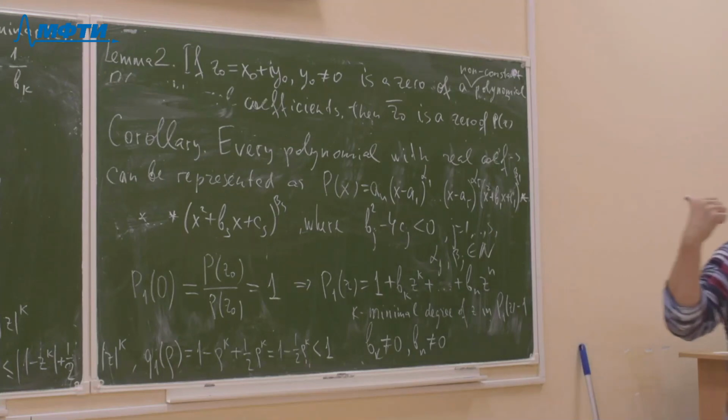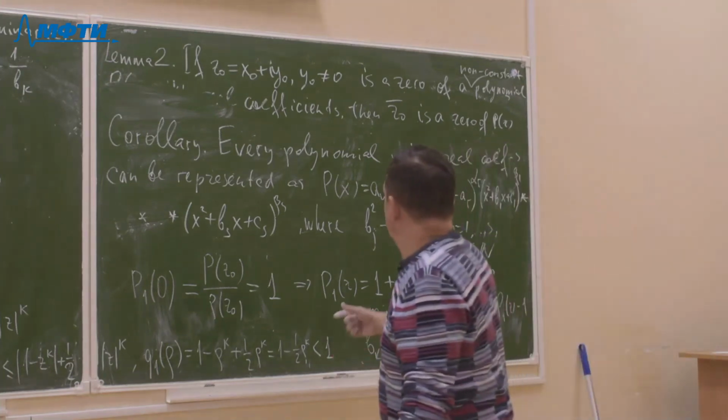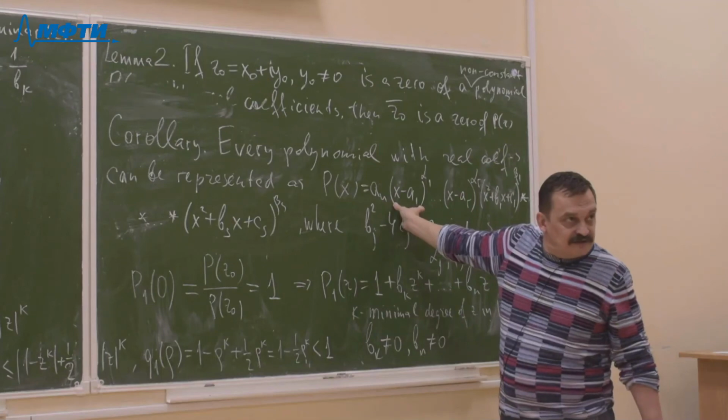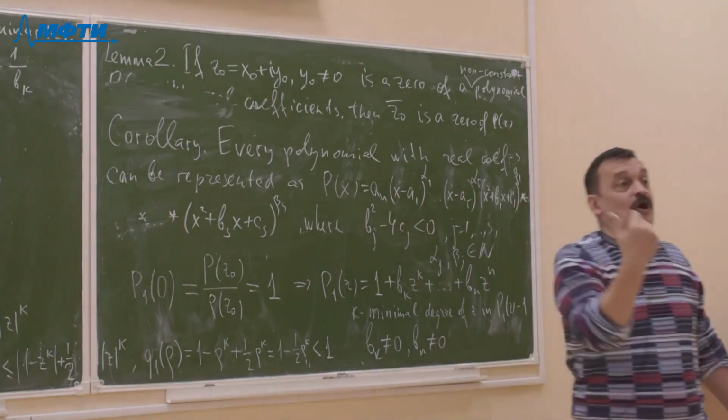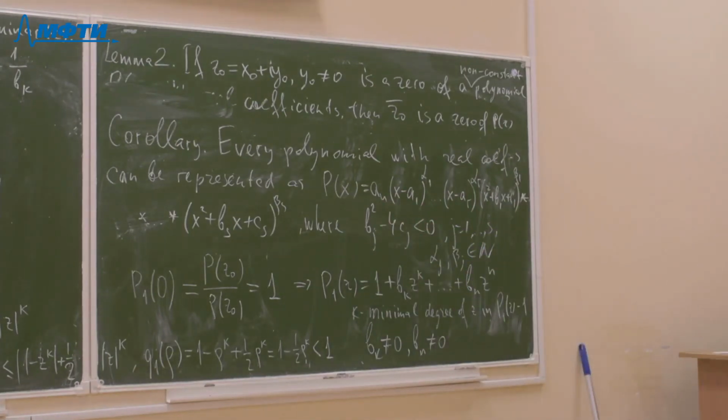And how can we do it? We apply Bezout's theorem. We know by the fundamental theorem of algebra that there is at least one complex zero, right? Take this complex zero. If it is real, then we apply Bezout's theorem and we obtain x minus this real zero times a polynomial of degree smaller than P. Once again, we apply the fundamental theorem to the new polynomial.